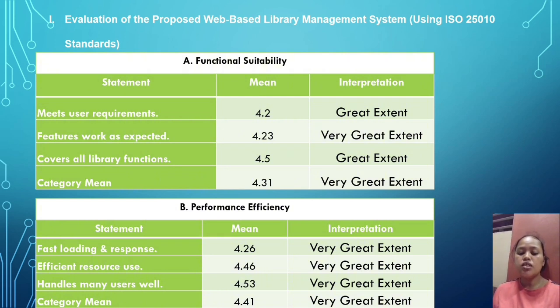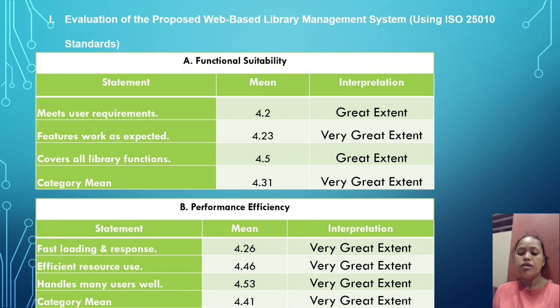The functional suitability has a 4.31 overall mean. It is a very great extent. The system meets its intended purpose effectively. Users feel the software includes all necessary functions and that features work as expected.